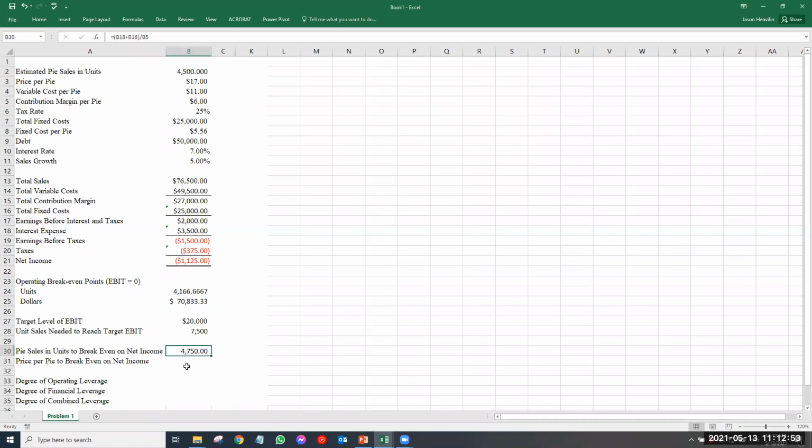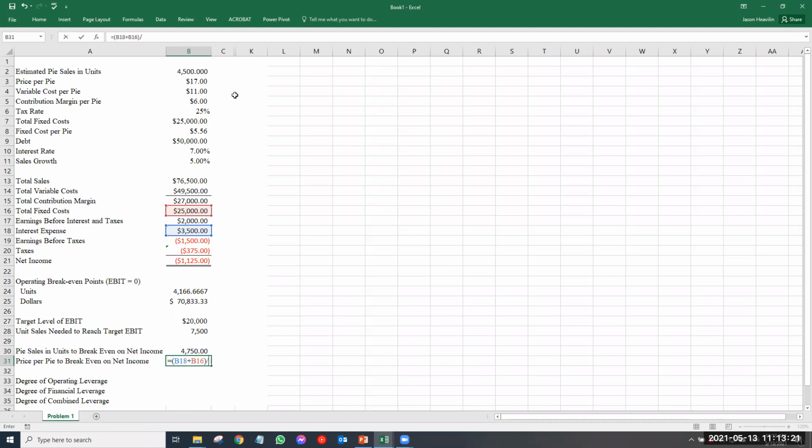Okay, so let's go ahead and do the interest expense, well, parenthesis first, plus the fixed cost like we did before. We're still going to divide it by the contribution margin per pie.